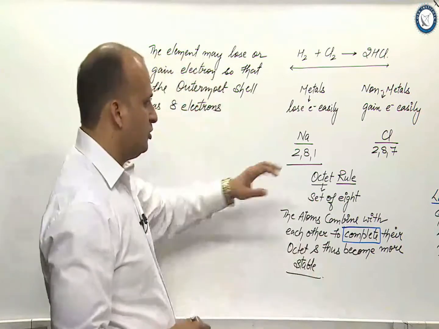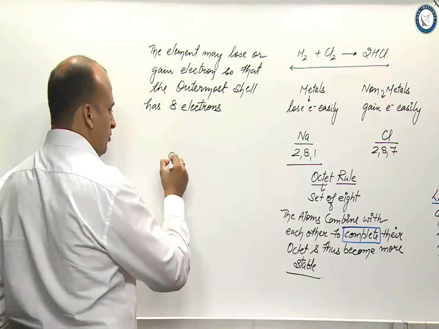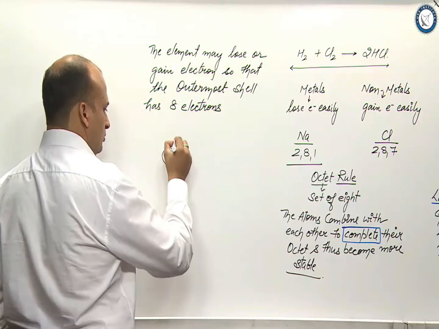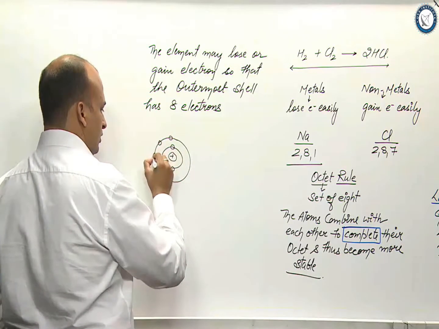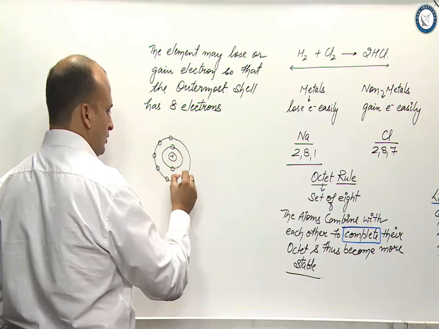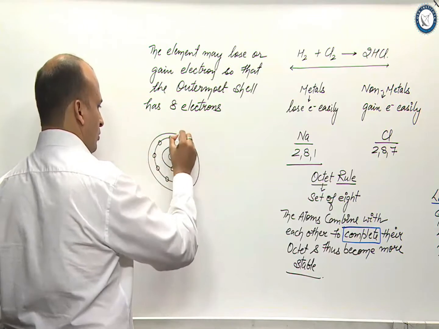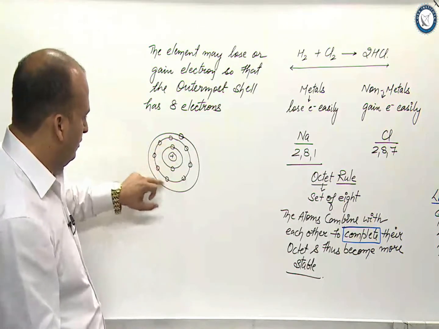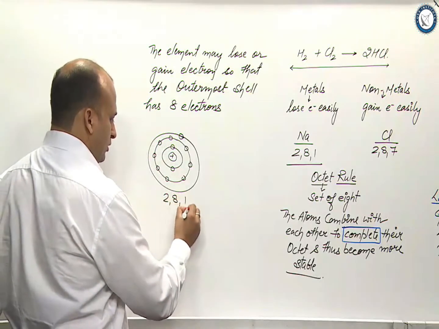Okay. So now let us see sodium. Sodium, this is how the atom looks like. 1, 2, then 1, 2, 3, 4, 5, 6, 7, 8 and 1. So this is 2, then 8 and then 1. 2, 8, 1.